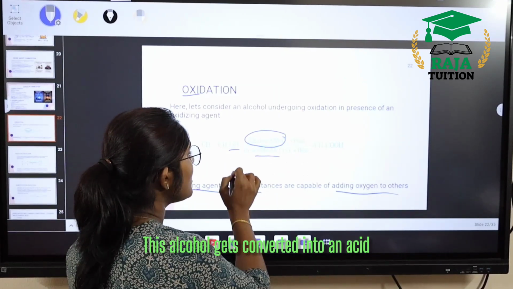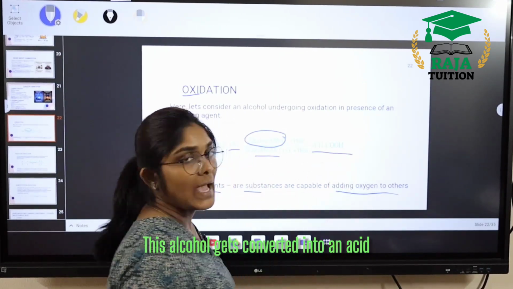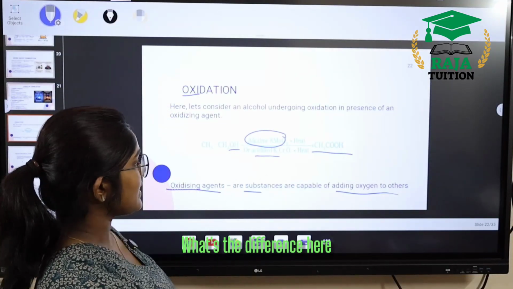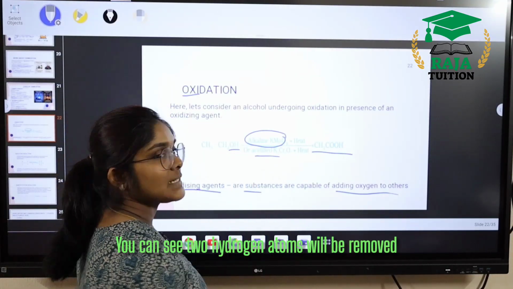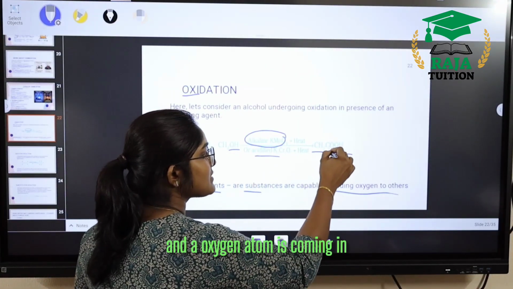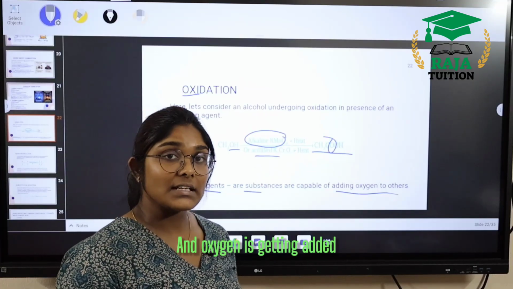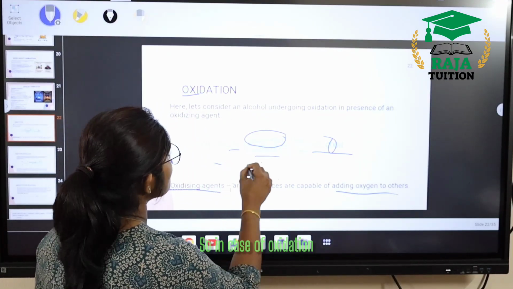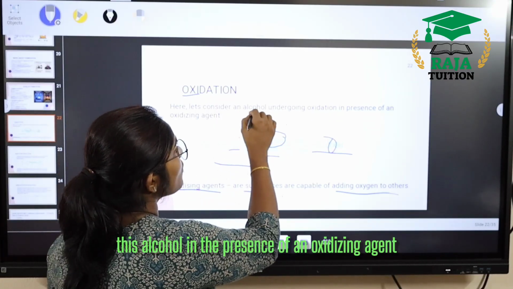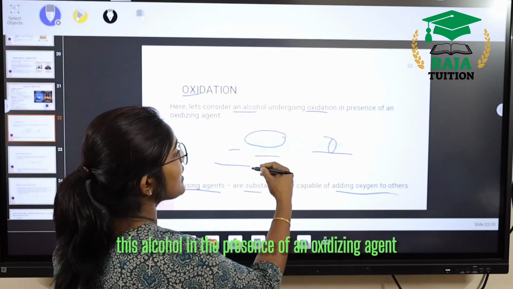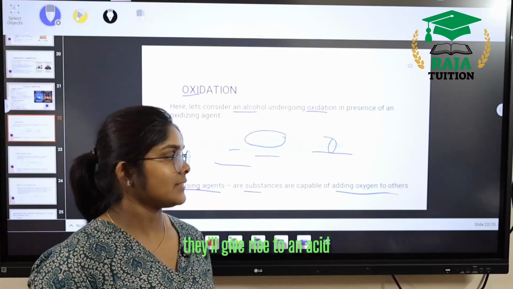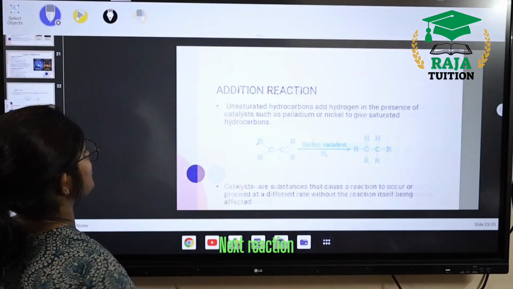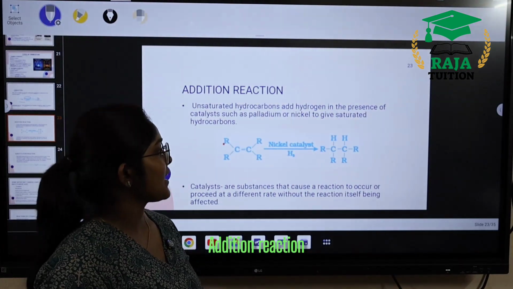The alcohol gets converted into an acid. What's the difference here? You can see two hydrogen atoms are removed and an oxygen atom is coming in. Oxygen is getting added. Understand? So in oxidation, alcohol in the presence of an oxidizing agent gives rise to an acid.